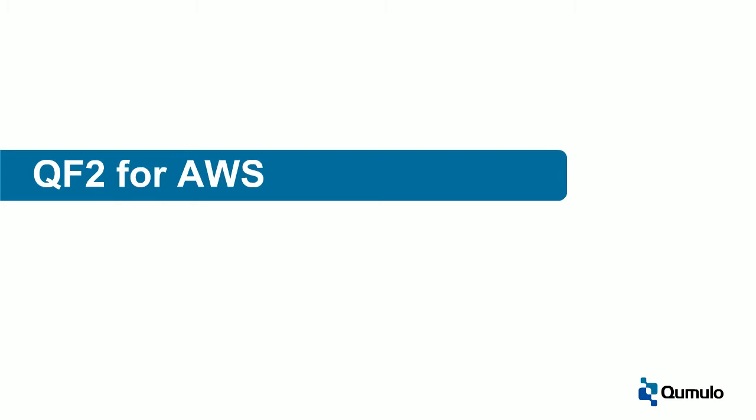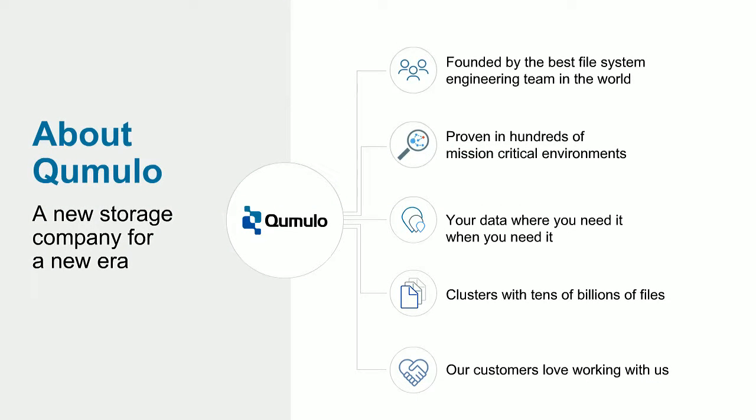Okay, so now a little bit just about Qumulo and what we do. So we are a software company that has built a universal scale file system, and that file system allows us to run both on-premise and in the cloud, as we've just talked about, and we have hundreds of customers that are using us in mission-critical types of environments.